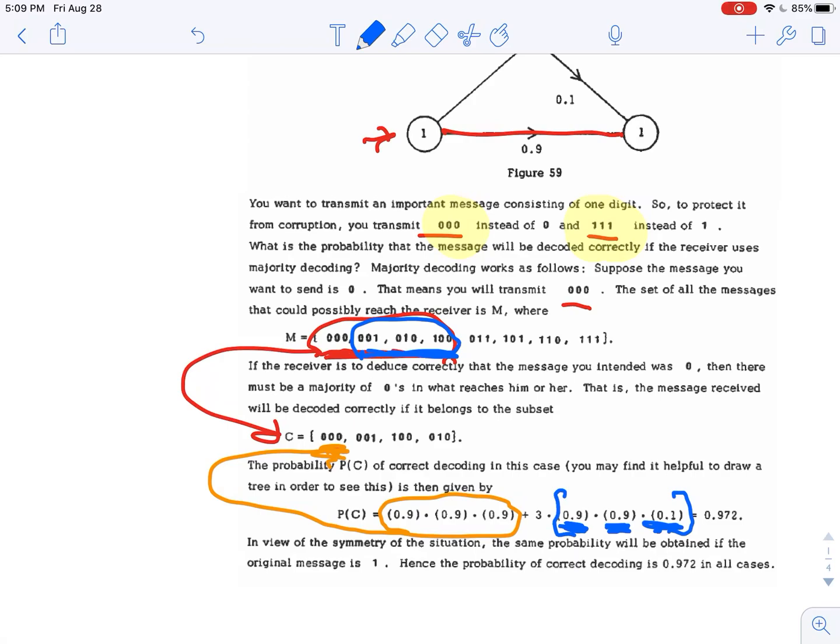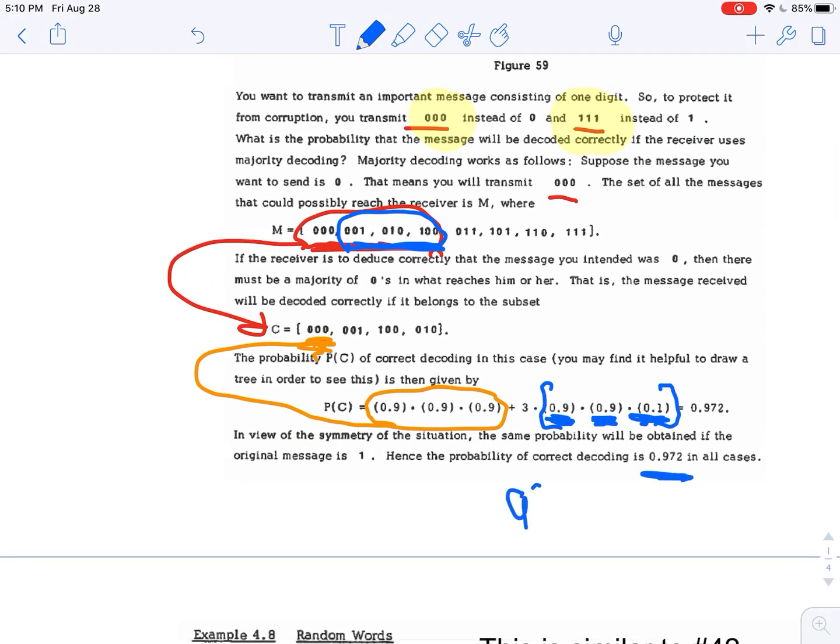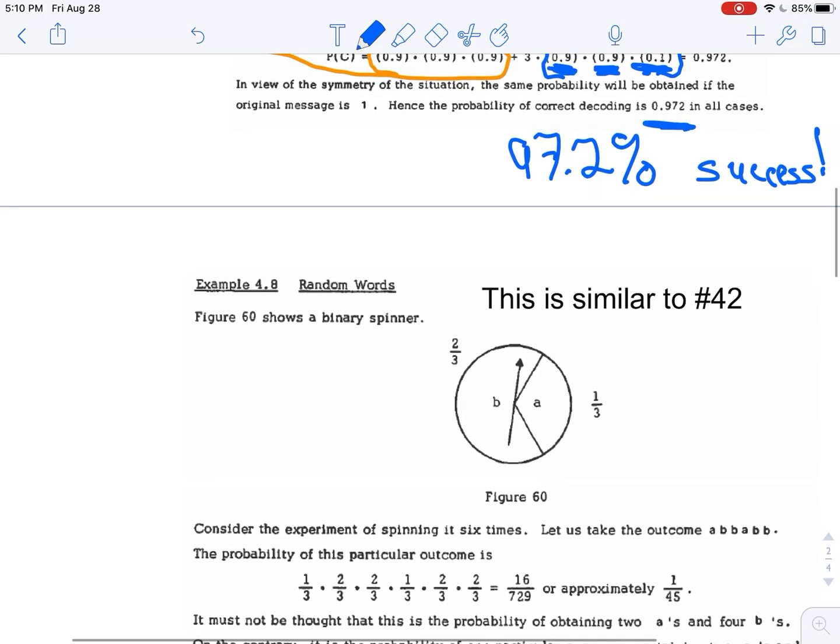So on this particular problem, we get 0.972. This tells us that 97.2% of the time, if you're writing it as a percent, that's our success rate. 97.2% of the time I have success. No words on the consequences of the other 2.8% of the time.